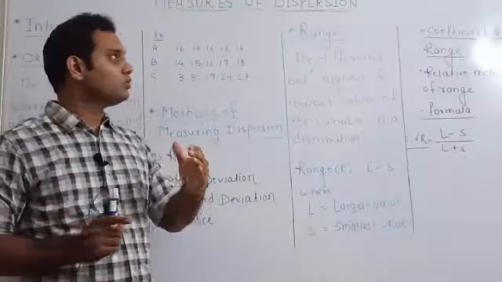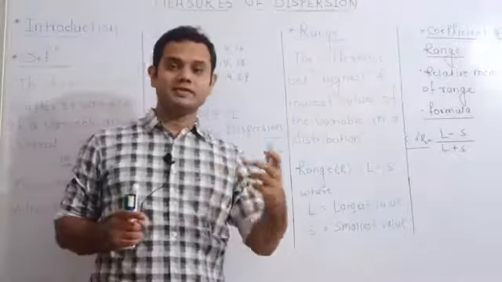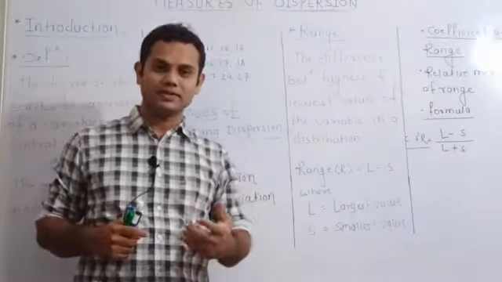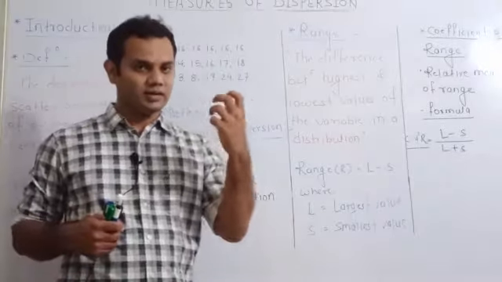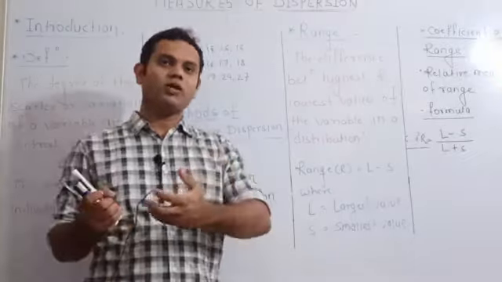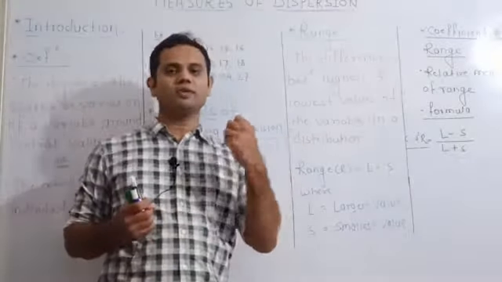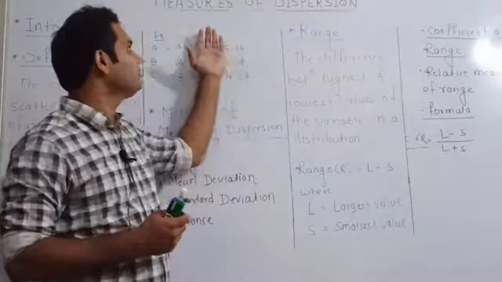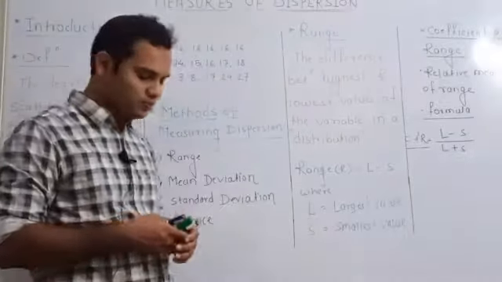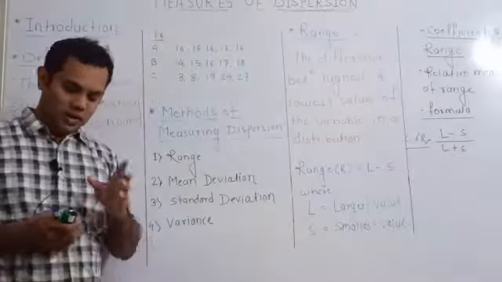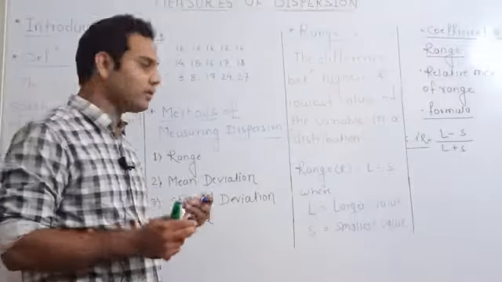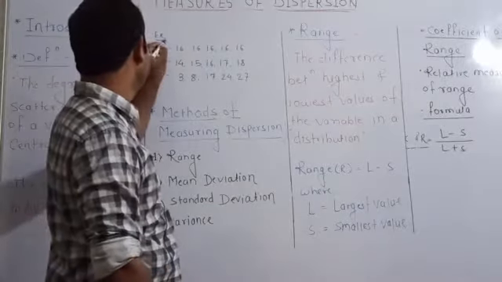So to bring precision in data representation, or the efficacy of the data, or what we are going to extract from the data, this concept of measure of dispersion is important from that perspective. How? See, here one example is given, you will understand better by this example.